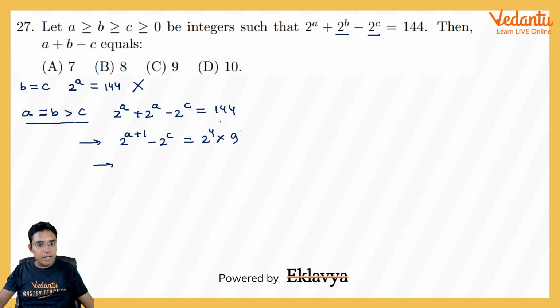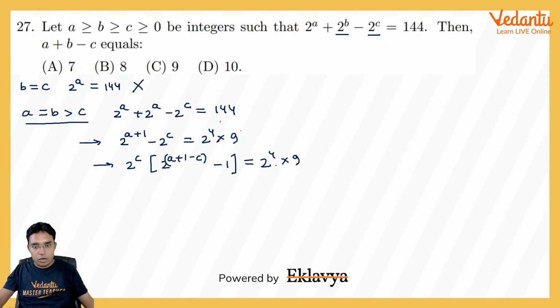Here c is lesser than a plus 1, so I can take 2 power c common, then it will be 2 power a plus 1 minus c, and a plus 1 minus c is still a positive integer, minus 1 is equal to 2 power 4 into 9.